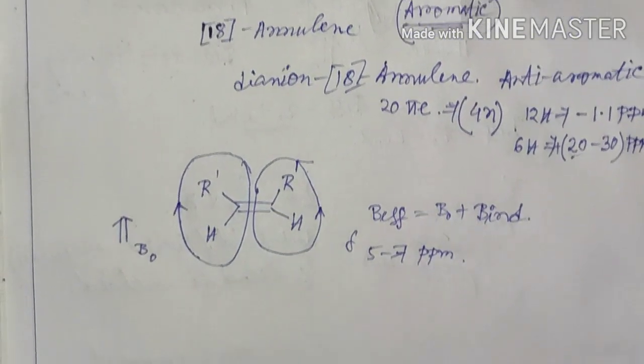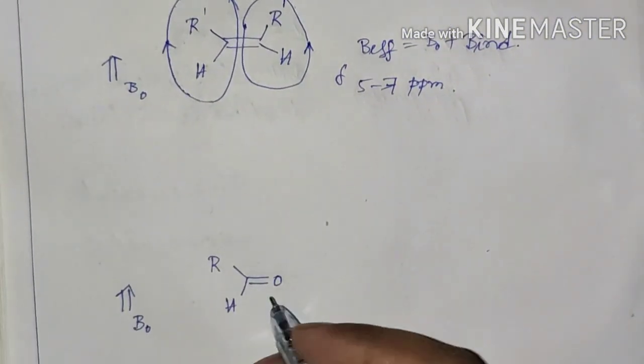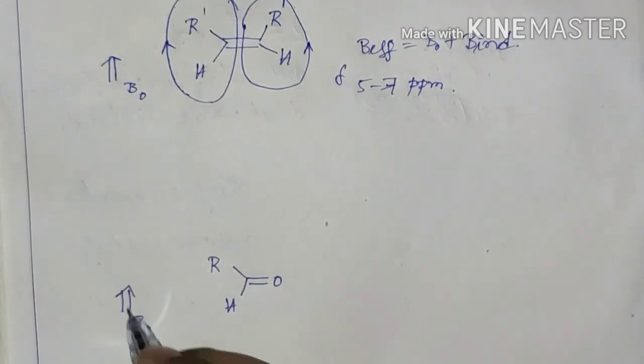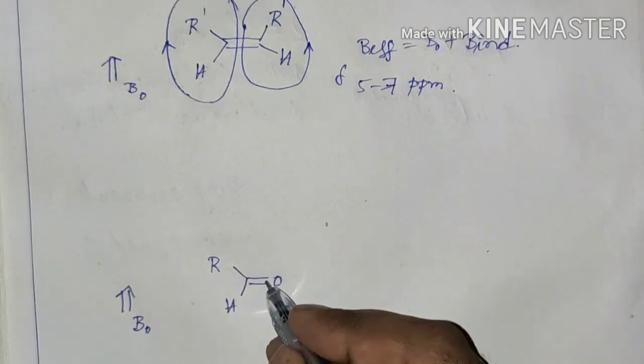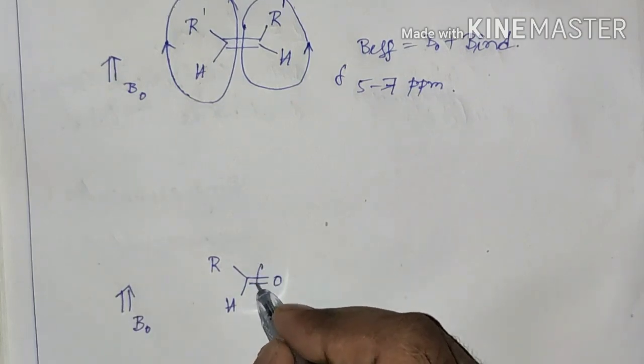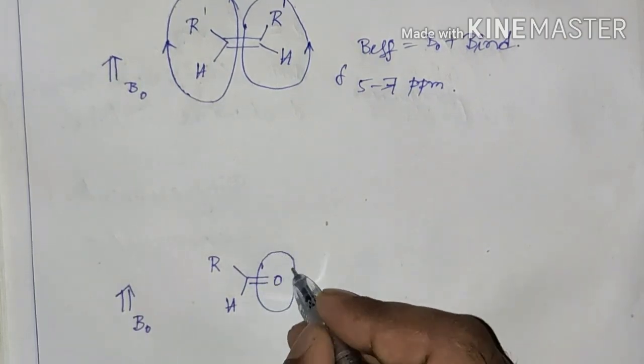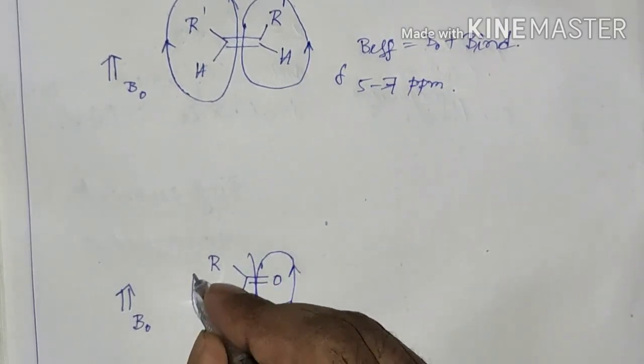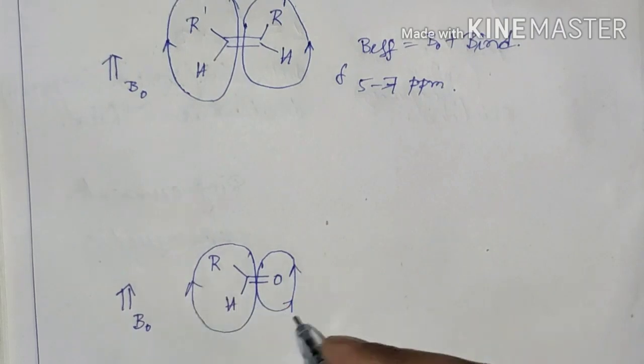Okay. Now if you consider the aldehyde case, similarly if you apply the magnetic field in this direction, due to ring current a magnetic field will be induced in this direction, and similarly in this case also in this direction.